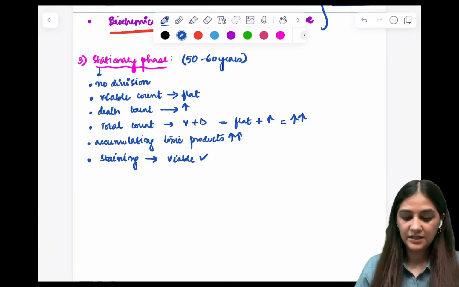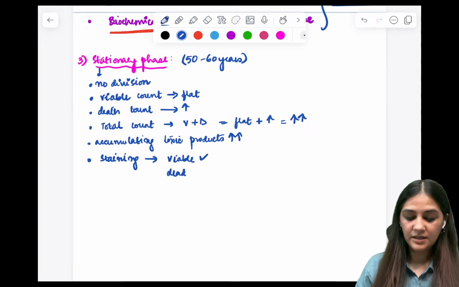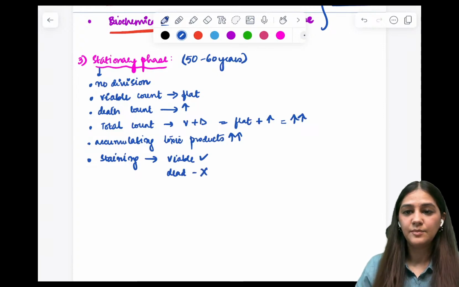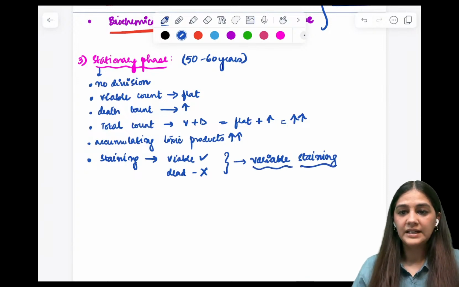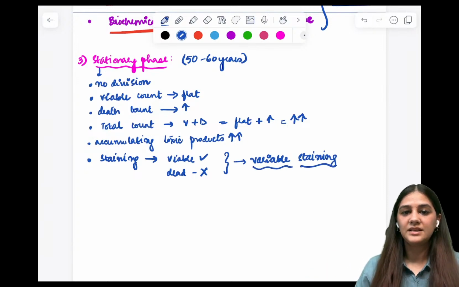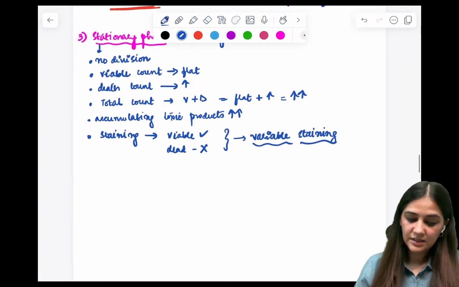So dead bacteria are not going to take up the stain properly. So what will happen? I will have a variable staining. So my staining is going to be variable. Probably some good bacteria or the viable ones will take up the stain, but the dead one will not take up the stain properly. So staining here becomes very variable, right?